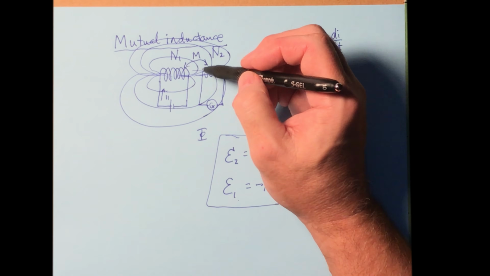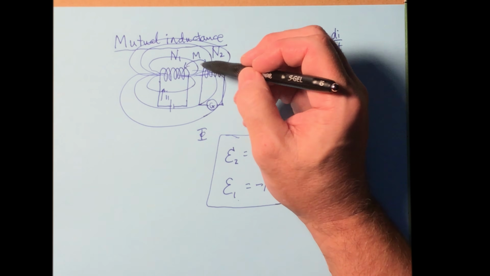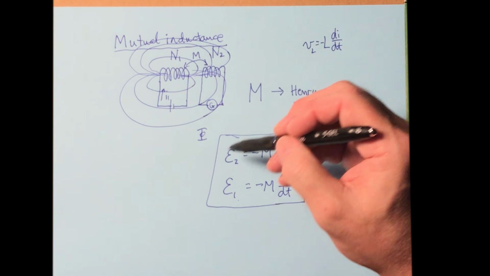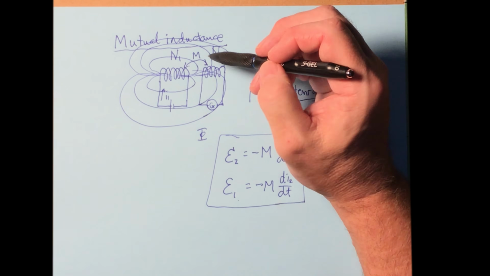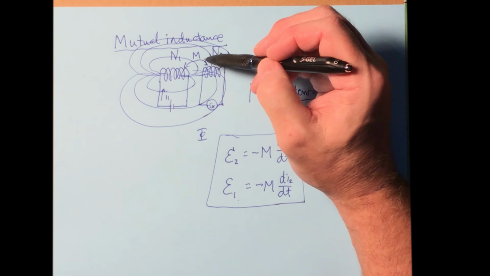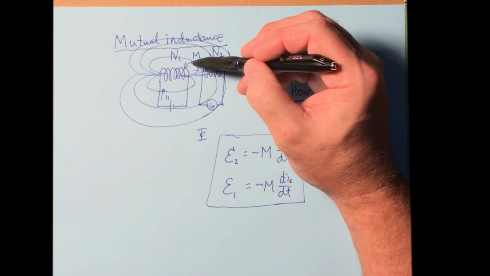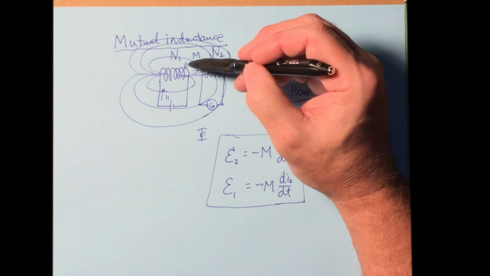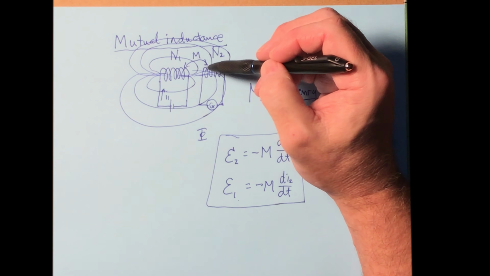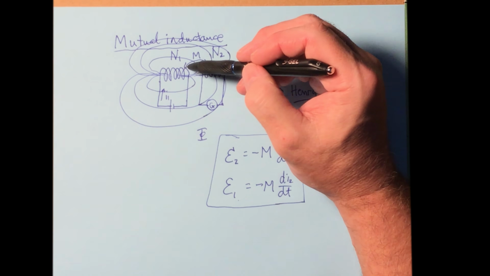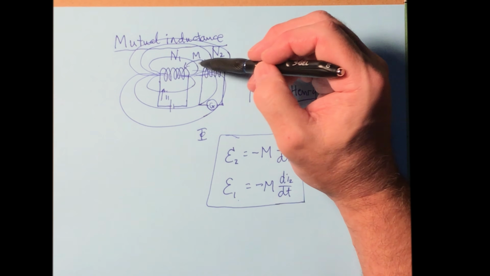Now later on, like I said, when we start talking about transformers, we may revisit this idea here, but it also applies if you go into a circuits class, a linear circuits class. If you have multiple inductors in the same circuit, it's possible for them to be linked this way through mutual inductance.